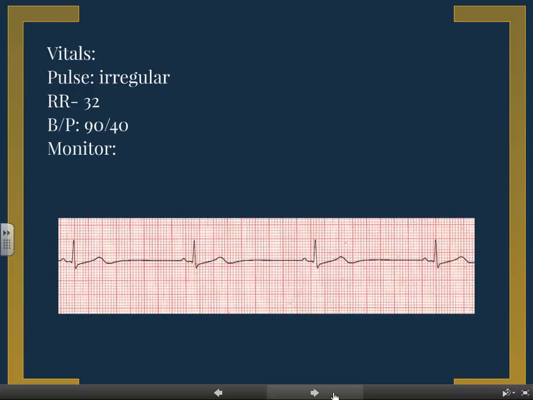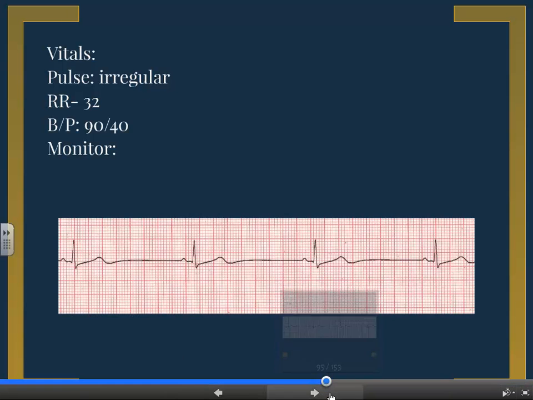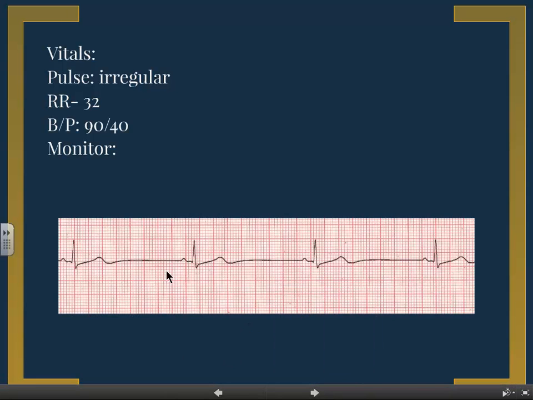Vitals. Blood pressure 90/40. Pulse should show regular. Respiratory rate is 32. Monitor is what you see there. O2 sat's about 92%. Just looking at it, what do you think? What do you see just right off? All right, so what's our rate? 40.